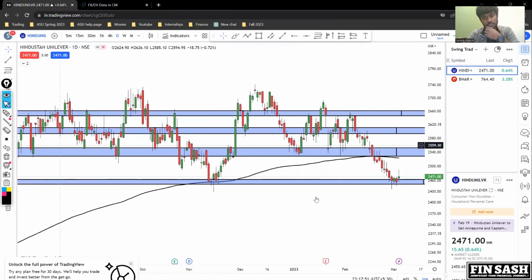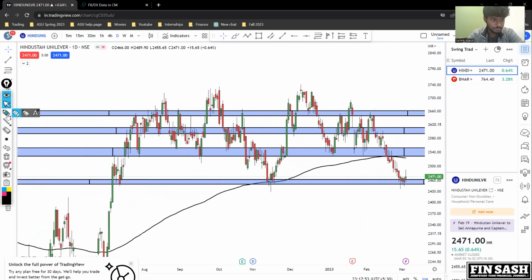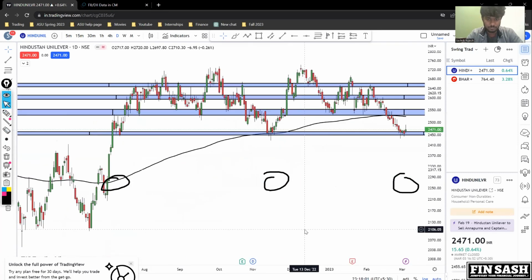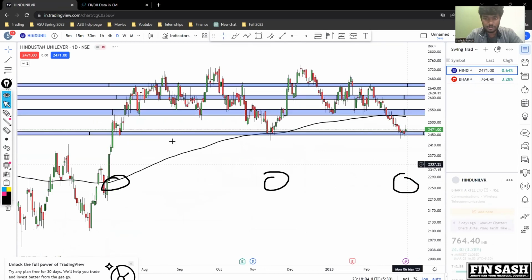All right, Hindustan Unilever. It's in its important supply zone right now, or demand zone. Sorry.